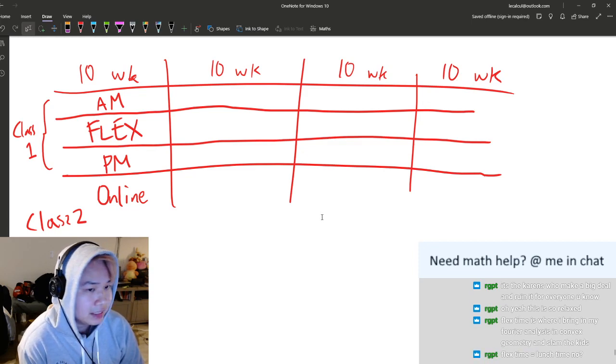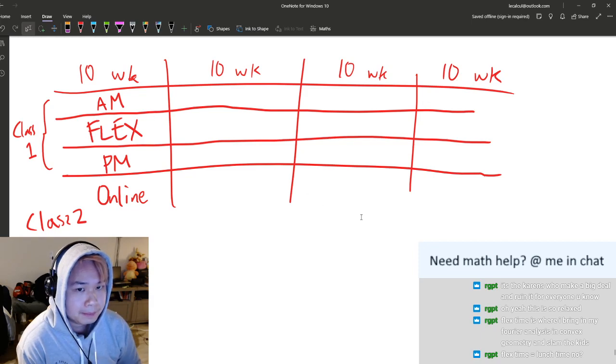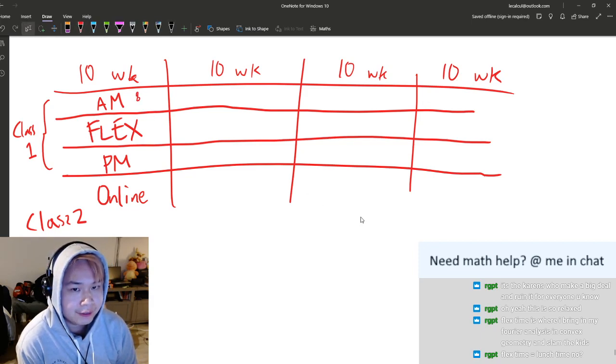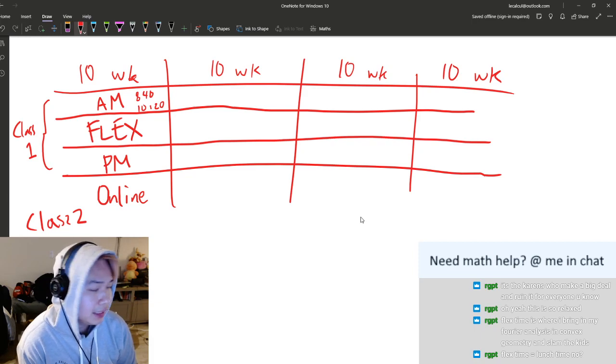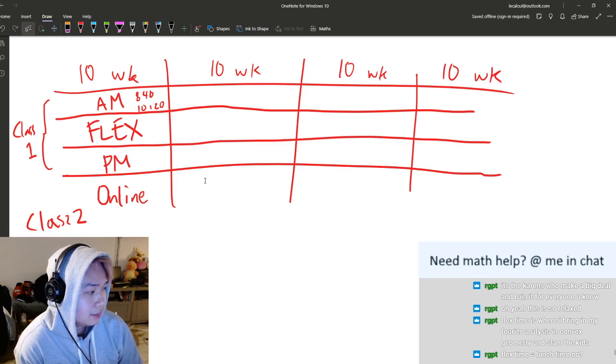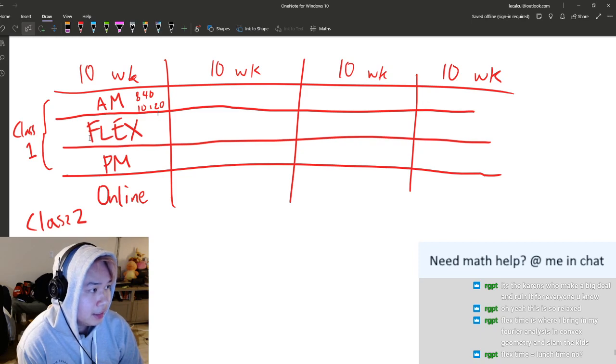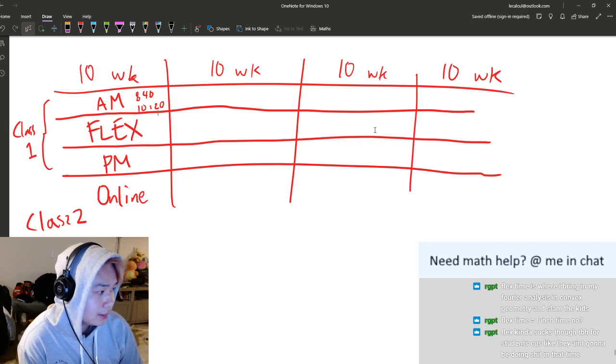Flex time is not necessarily lunchtime. The AM class is from 8:40 to basically 10:20. Lunch is at 11:30. So you have an hour of flex lunchtime, and then another hour of flex. That was time for us to get ready for online and to teach linear courses. And then all of a sudden, parents were complaining, the rich, affluent parents.